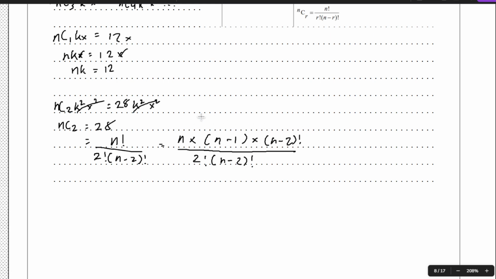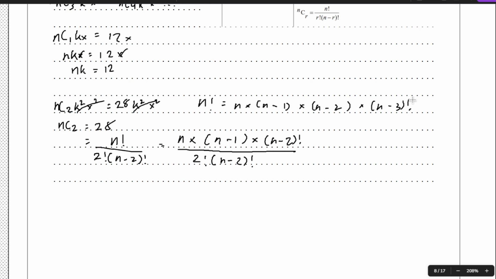Now you might be wondering, how did I get this? Well, an expansion of n factorial would just be n times (n minus 1) times (n minus 2), and this would just go on forever.